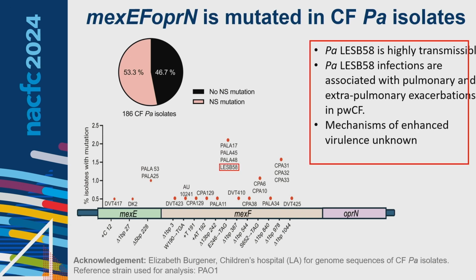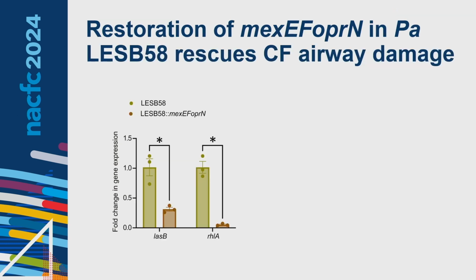We chose to further focus on the clinical isolate, the Liverpool epidemic strain, LESB58, because LESB58 is highly transmissible and it is one of the first CF epidemic strains to have been identified. It also results in pulmonary and extrapulmonary exacerbations, and the mechanisms of its enhanced virulence are unknown. So we thought that the inactivation of the MEX-EF-OPRN efflux pump was probably resulting in the virulence of LESB58.